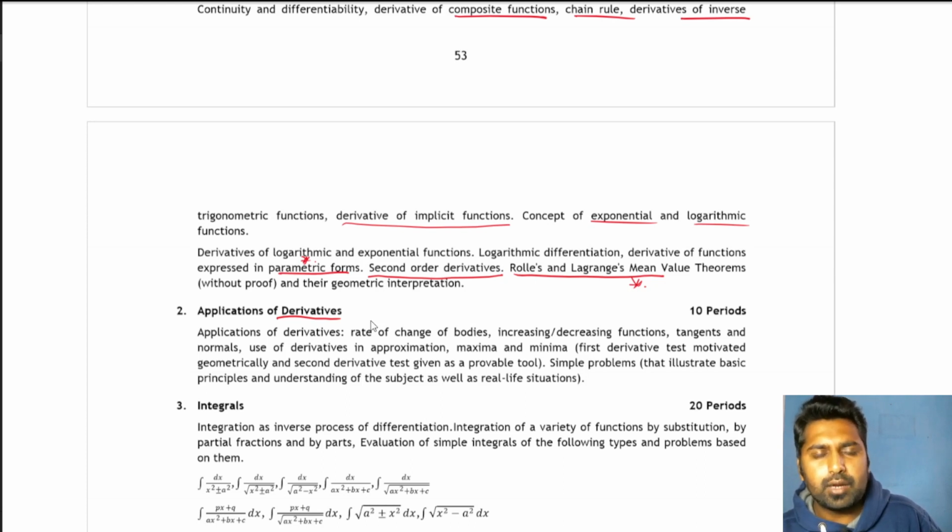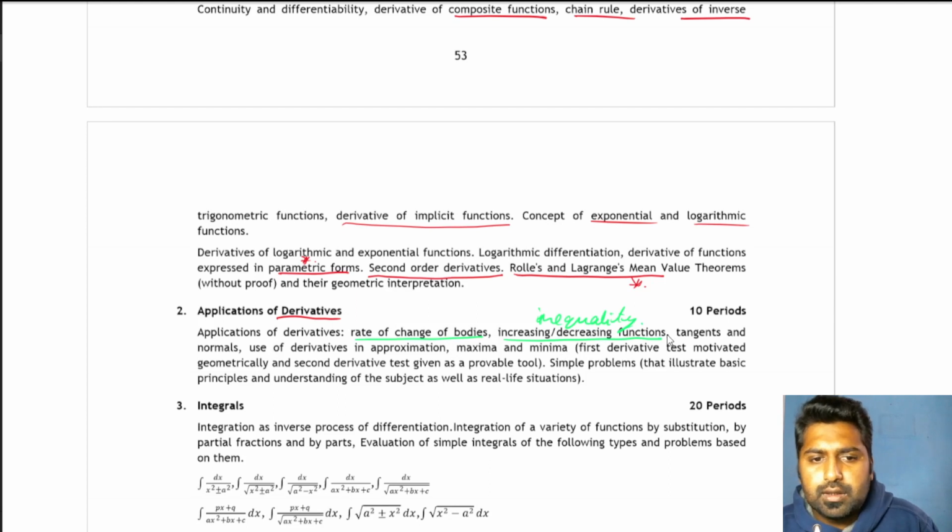I'll try to explain it as easily as possible, but this topic is sometimes slightly difficult. Few topics are easy, you can target those first of all, like the basic application I'll say is rate of change. It's easy. Increasing, decreasing will be easy because in this you will be solving inequalities. So the chapter that you study in 11th maths, inequalities, that will be used here.